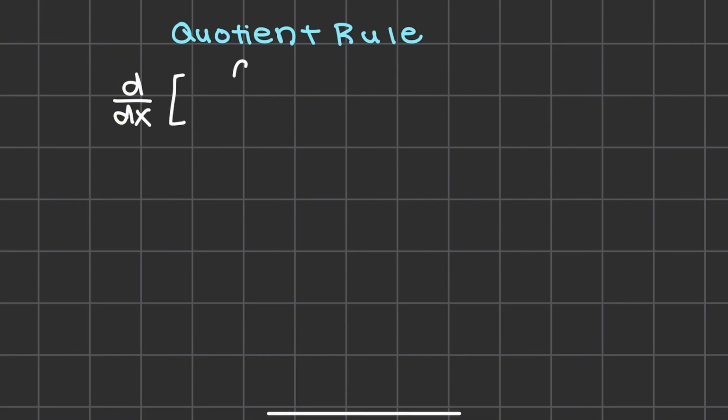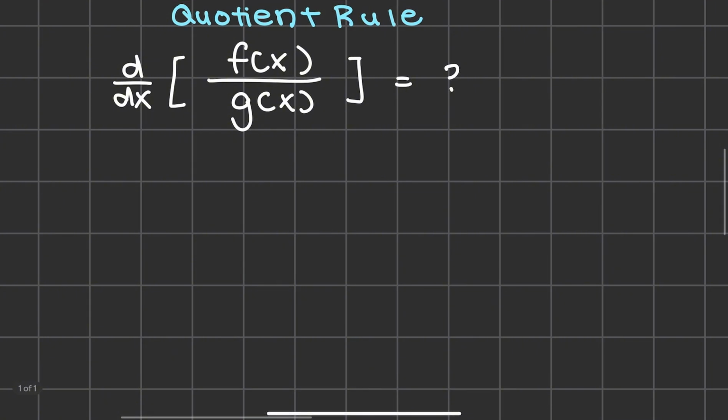So in this case, the next rule is the quotient rule, which, as you've probably guessed, is just the derivative of f of x over g of x. Now this is going to be a long one, and just like the product rule, it's not going to be as straightforward as the sum and difference rule.